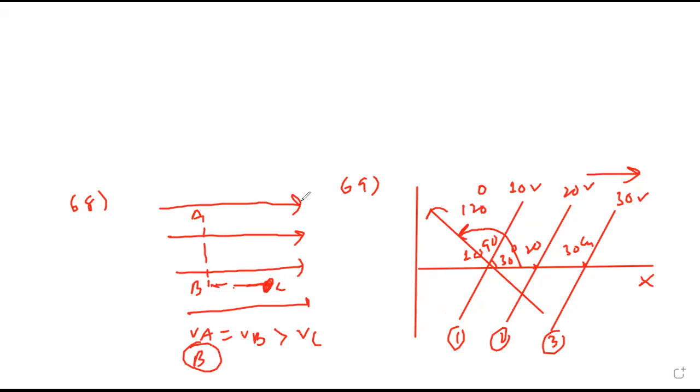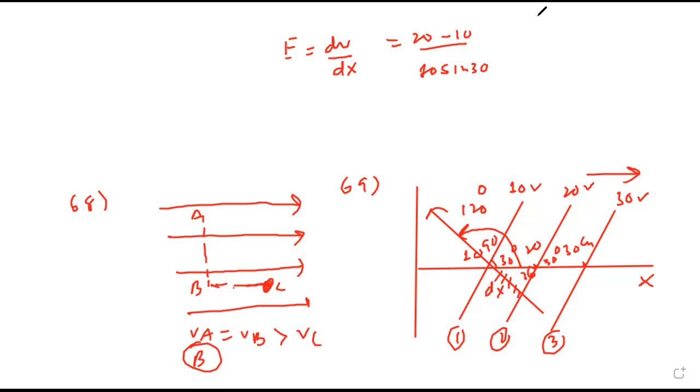Now let me see the magnitude. E is dV by dx. dV is 20 minus 10. dx is this perpendicular distance. This angle is 30, so this is also 30. How much will this distance be? Will it be 10 sin 30? Not followed? Yes, sir.